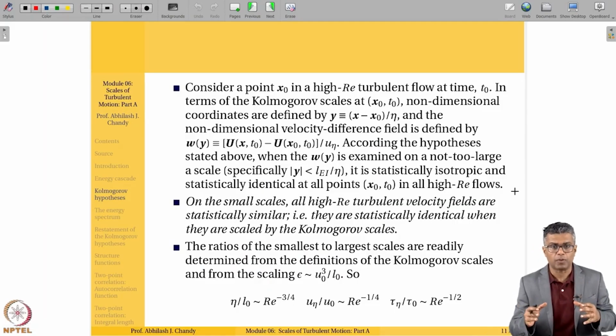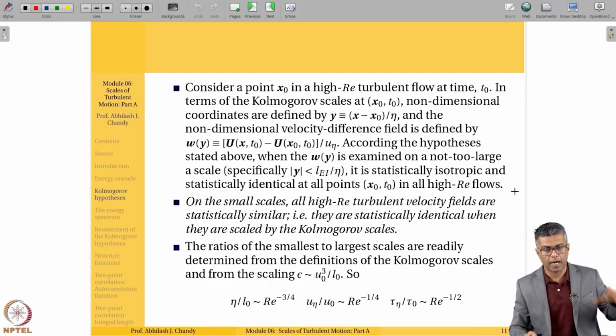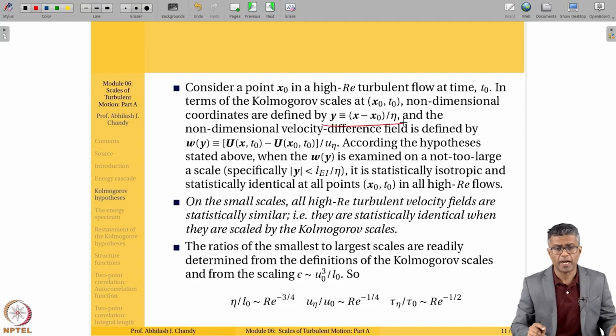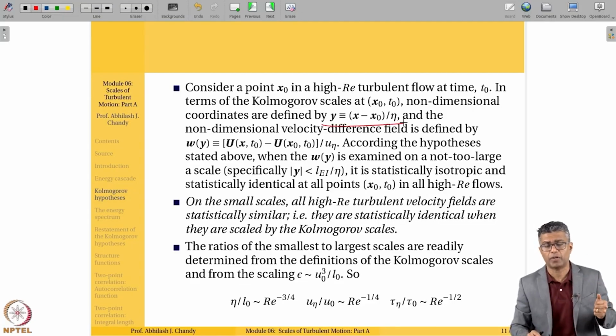Then what we did was we considered a point in a high Reynolds number flow, and in non-dimensional coordinates we express it as y equal to x minus x naught divided by eta. Here we are subtracting a reference point, but the more important thing is we are dividing by the Kolmogorov scale.